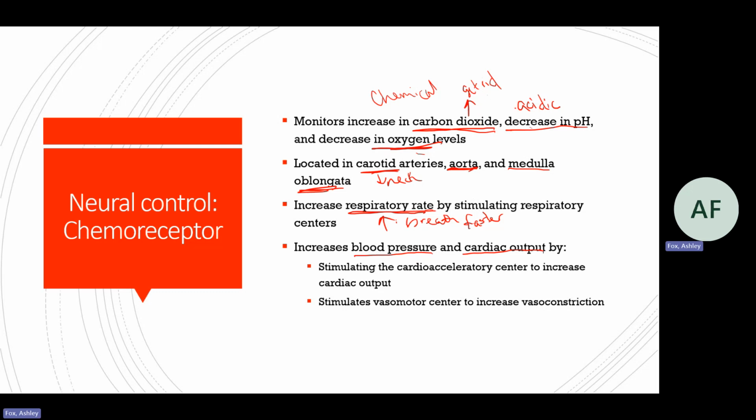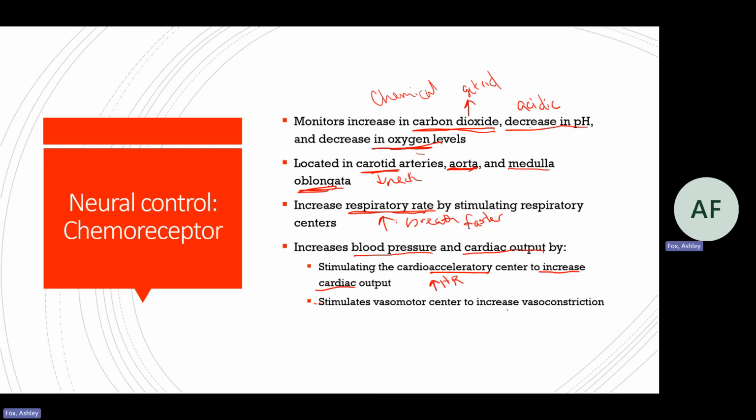We want to get rid of the acidic pH. We want more oxygen to our tissues. So you're going to stimulate your heart rate to increase cardiac output. More blood flow, then the more blood can take away the hydrogen ions, get rid of the pH, the more it can take away carbon dioxide, and the more it can deliver oxygen.